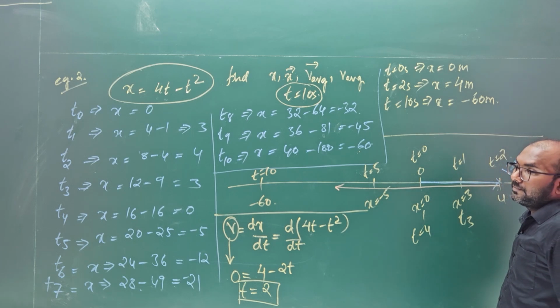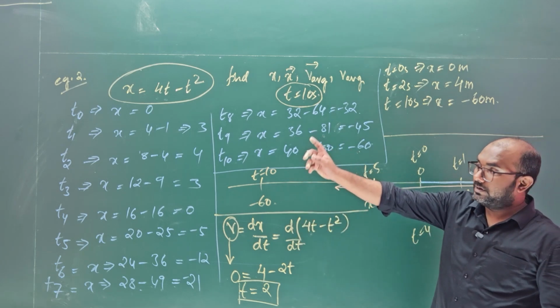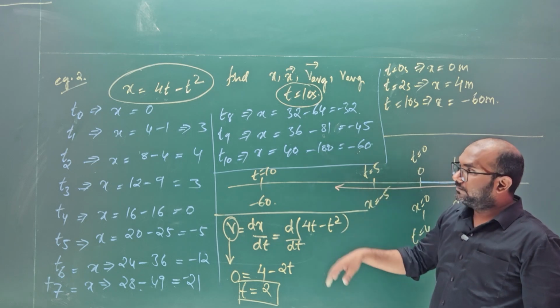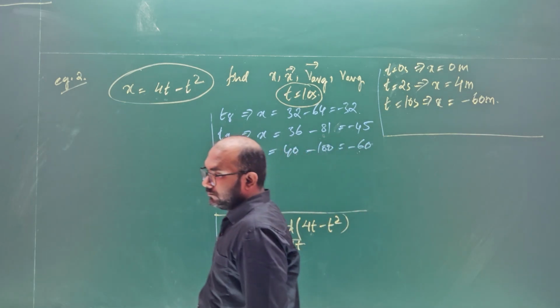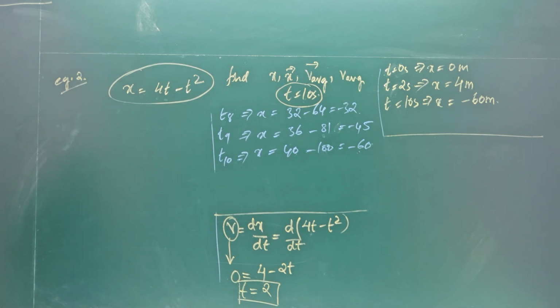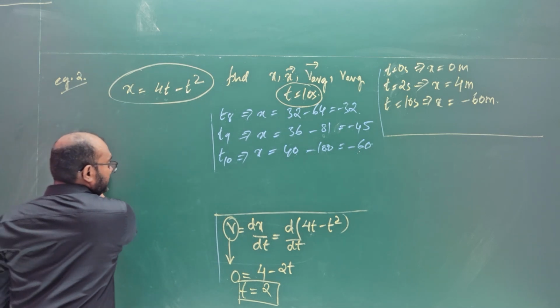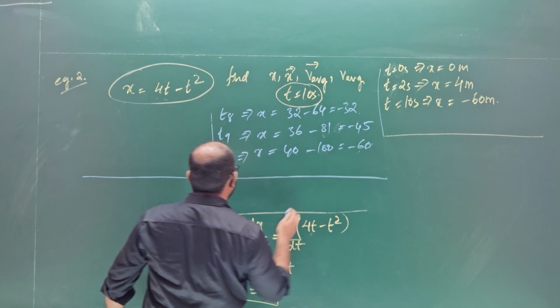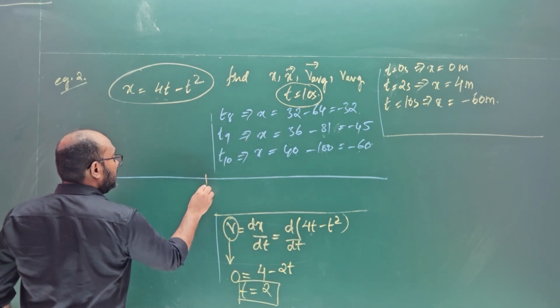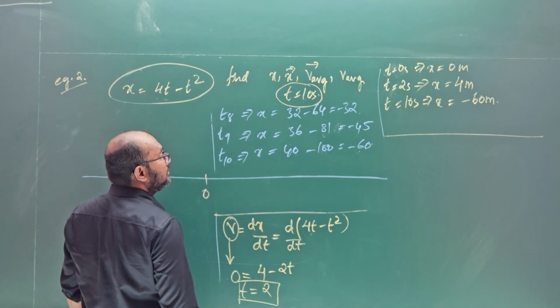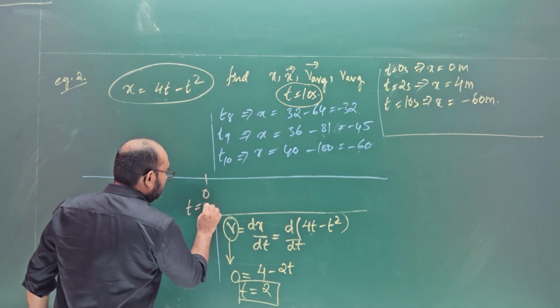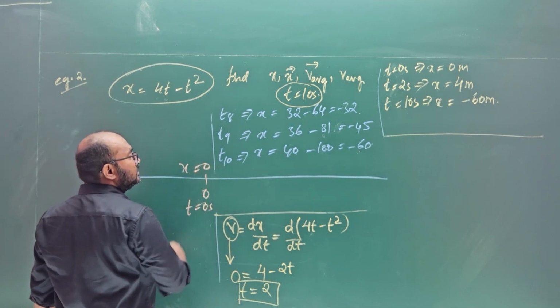Now, shall I rub this side? Write down first, then we will do that. Okay, now framing the answer on the number line. Here is your 0, and at t equals 0 second, x is also 0.